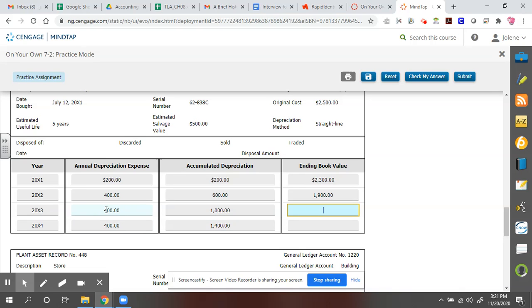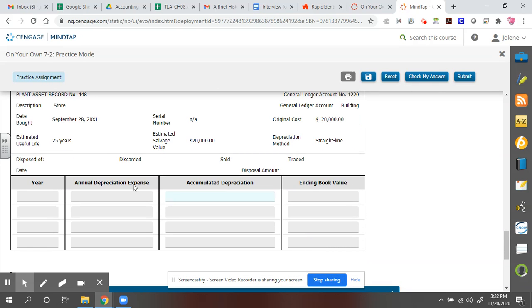Third year, you took 400 off. So here, it's worth 1,500. In the fourth year, you took another 400 off. So here, it's worth 1,100. And that shows you your ending book value, accumulated depreciation, and your annual depreciation, how much you're taking each year.